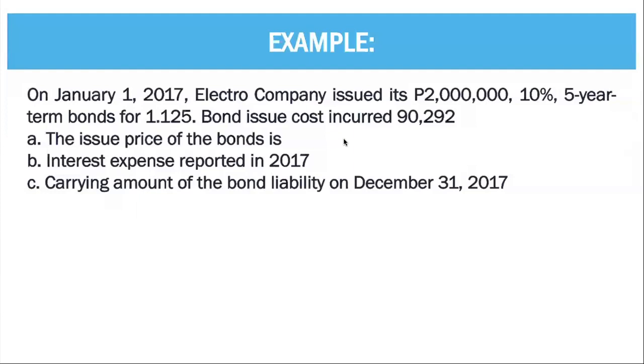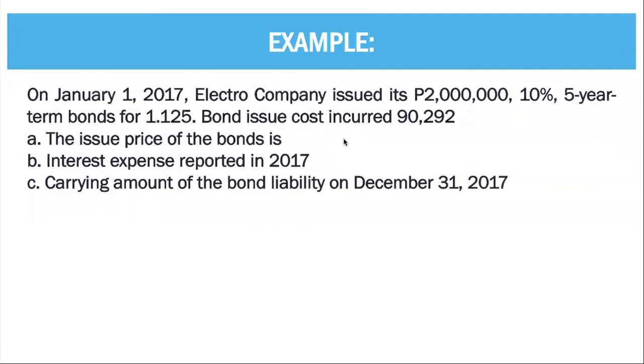Just take note, do not use your full interpolation, but rather use the trial and error method, based on the rules of your effective interest rate as the stated rate, and your face amount as the issue price. Here, our issue price: Electro Company issued 2,000,000 10% 5-year term bonds for 1.125.